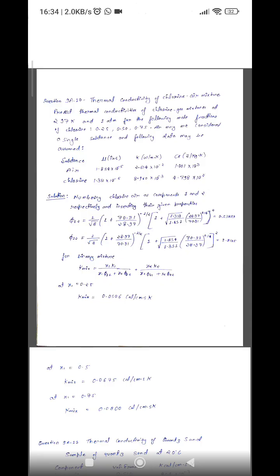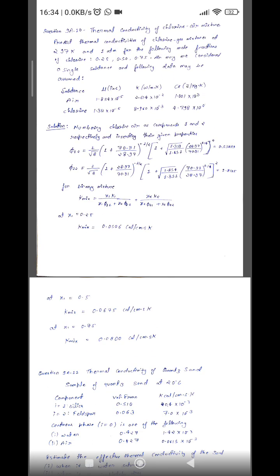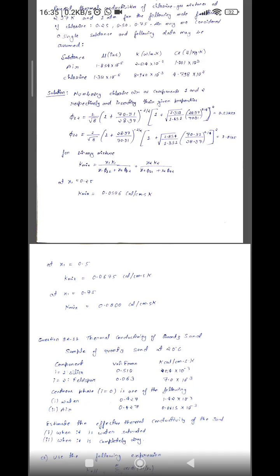Numbering chlorine and air as 1 and 2 respectively, and inserting their given properties, we can calculate these two values. For the binary mixture we then calculate the thermal conductivity of the mixture using the formula: x1 k1 upon x1 plus x2 phi12, plus x2 k2 upon x2 plus x1 phi21. Using this expression for K mixture we can calculate the thermal conductivity at different x's.